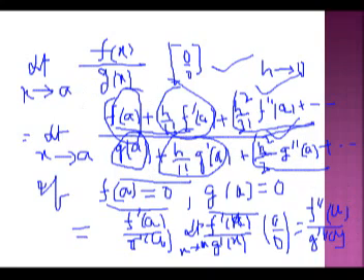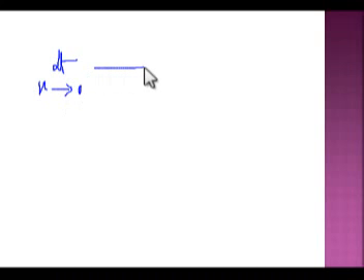I am giving one example. It will make it clearer to you. The limit as x tends to 0, and the equation is given in this way.